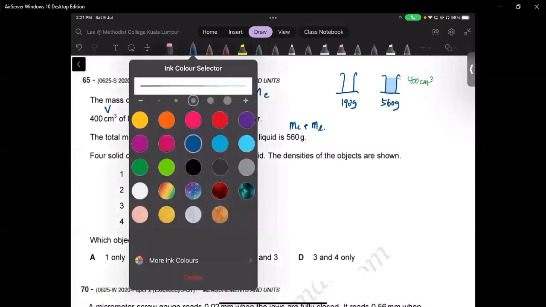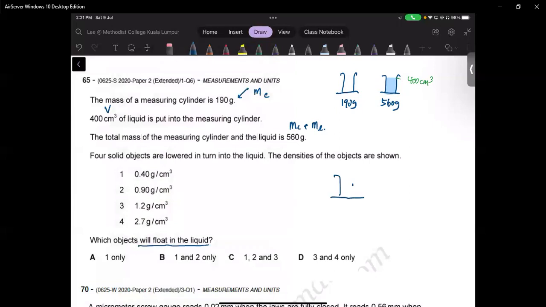And then after that, inside the same cylinder, I put in these 4 things. And then I ask you which one will float. So 1, 2, 3, 4. What's the information that we need to find first before we can conclude whether they float or not? Density.